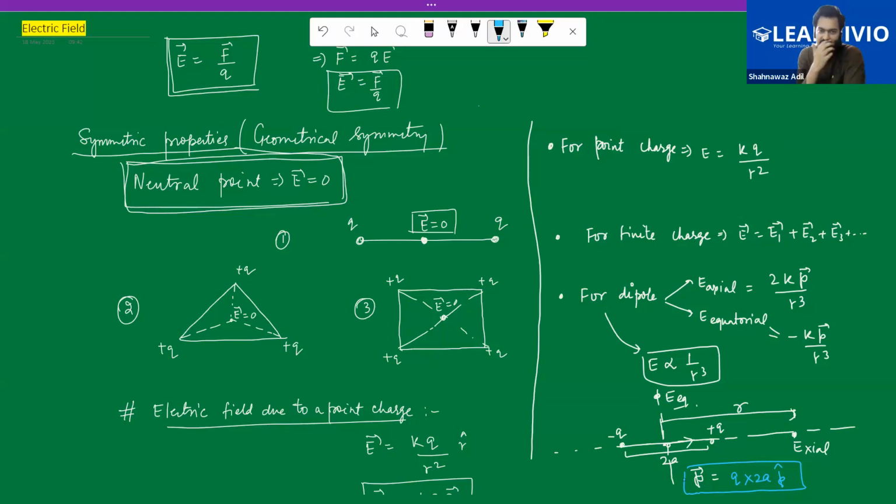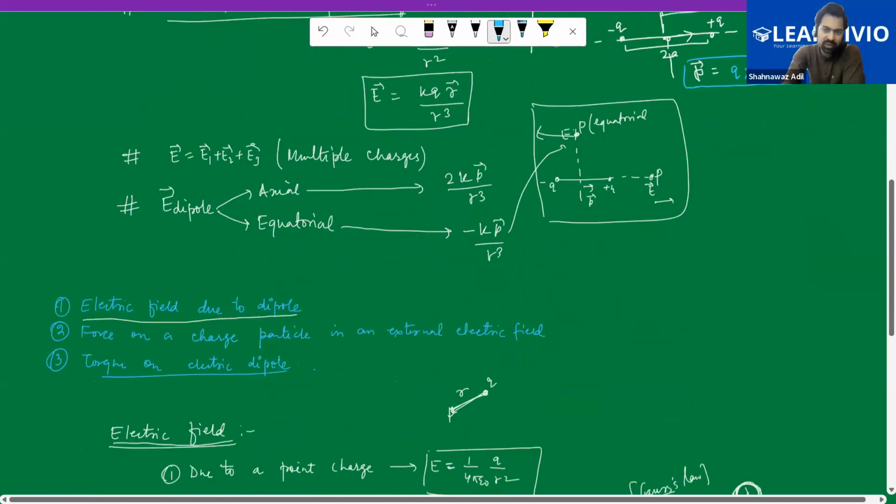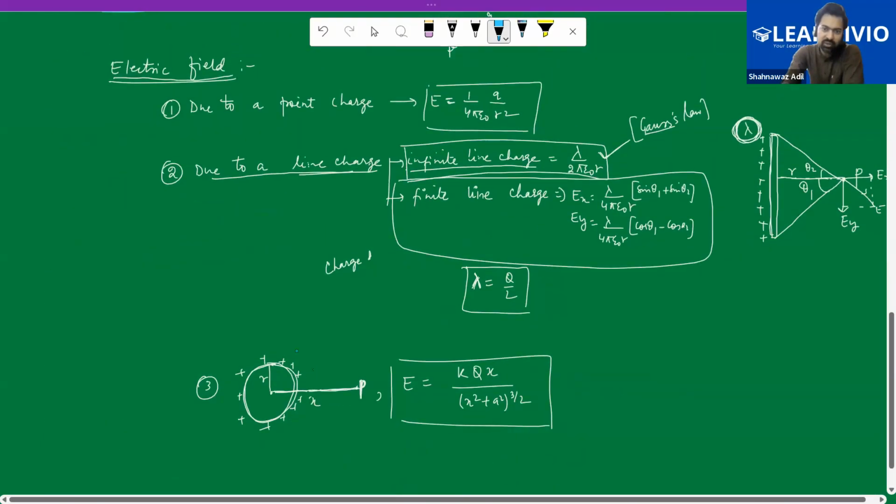And then when we learn Gauss law, we will have the electric field due to a hollow sphere. So these are the things that we have to remember, the electric field due to all these things. Is it clear? Okay. And there is this line charge as well.